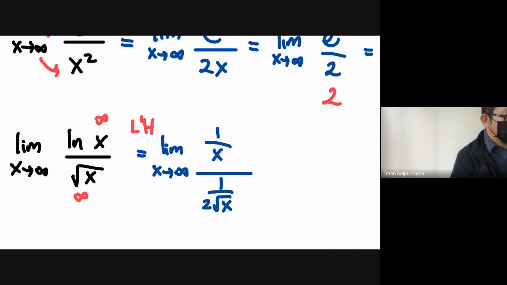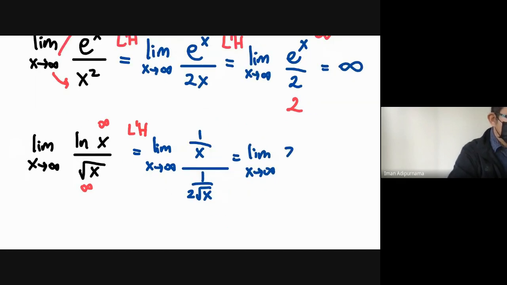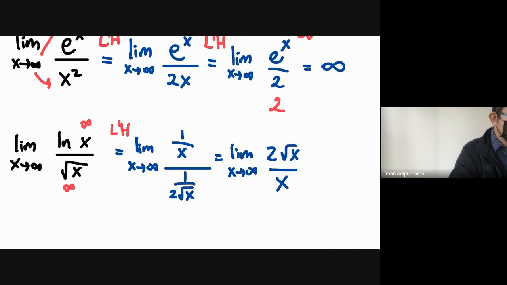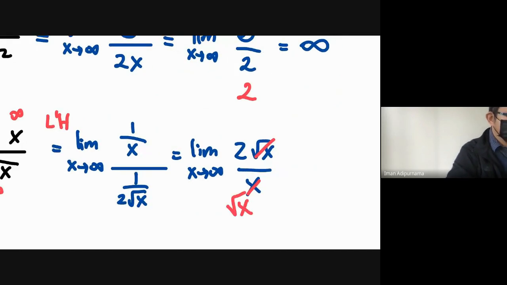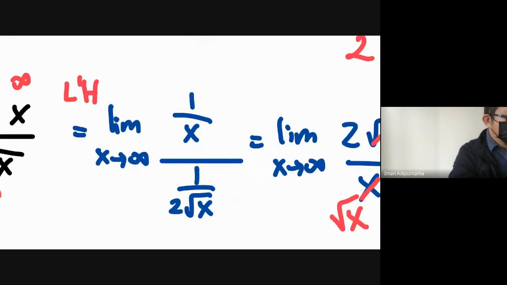You can cancel that out, right? So we can simplify this and it becomes 2 divided by square root of x. So 2 divided by infinity will be 0. So this will result in 0. Okay. So whenever you find this reciprocal, 1 over 1 over, try to simplify first and evaluate.